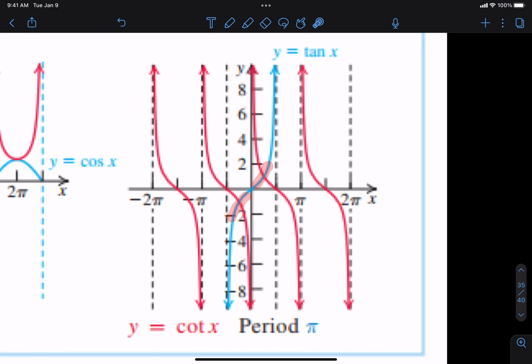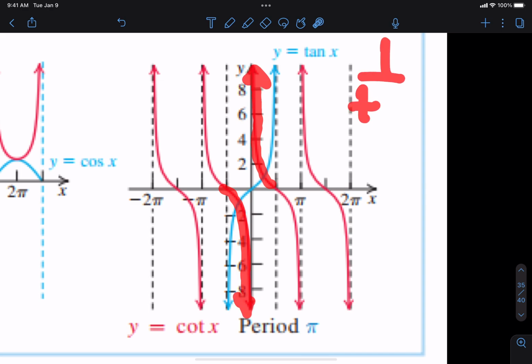So I'm going to have a vertical asymptote for the reciprocal of the tangent function at any point at which the tangent function is 0. Tangent is 0 when the input is 0, and therefore we observe this kind of asymptotic behavior of the cotangent function when the input gets close to 0, because we're dividing by tangent of x.